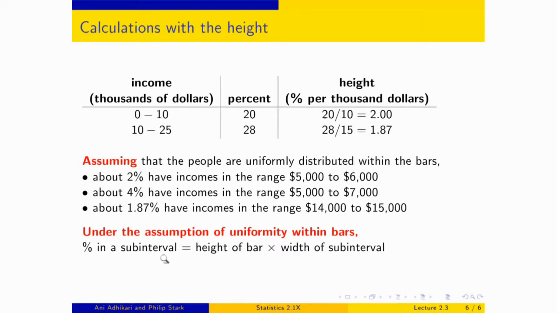The percent in a subinterval is the height of the bar times the width of the subinterval. Now that's really not rocket science. The percent is an area. It's the area of a rectangle, and so its area is the height of the rectangle times the width of the rectangle. No big surprise. In the next section, we'll use this calculation to estimate what are known as percentiles of the data.